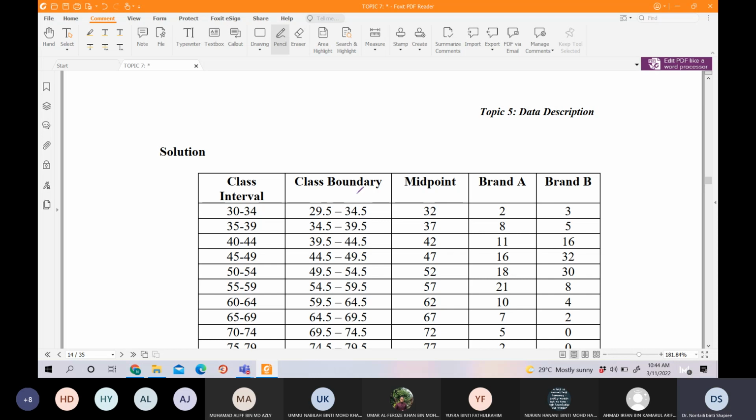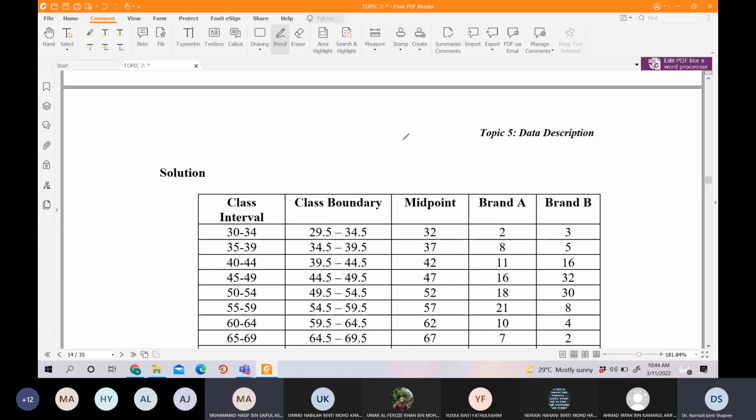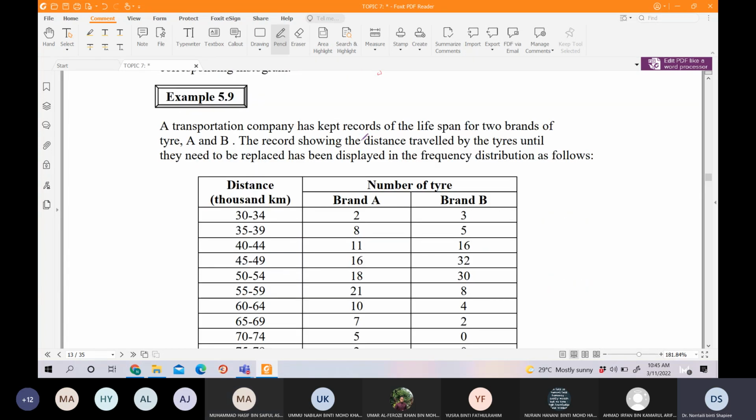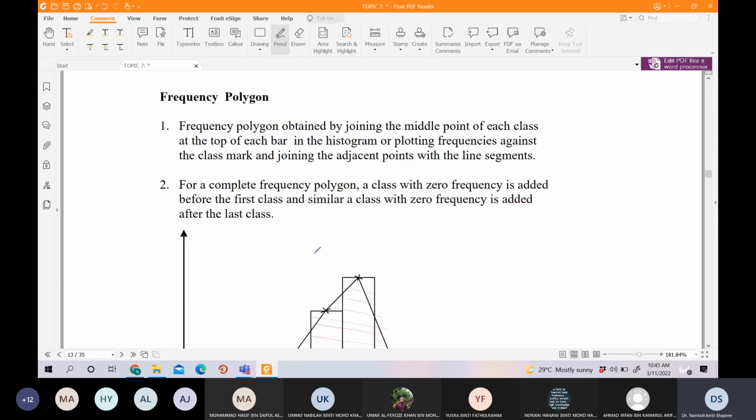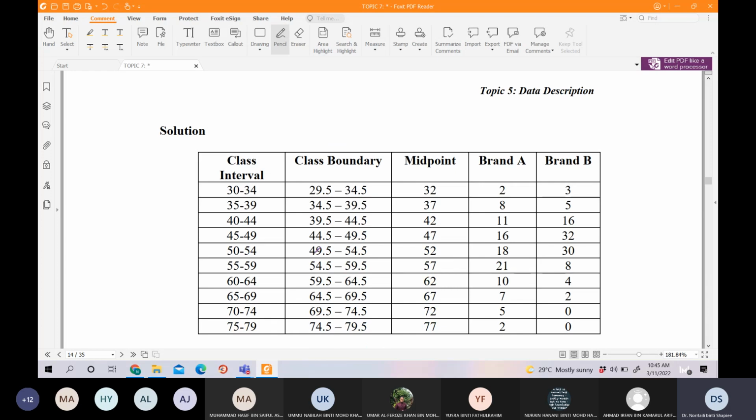Yes, anyone want to volunteer? We need to find the class boundary because we need to make a graph, so you want to plot the graph, right? From here we already know that to plot the histogram, you have to include the class boundary, not the class interval. So that's why we have to find the class boundary. And we already know how to find the class boundary.